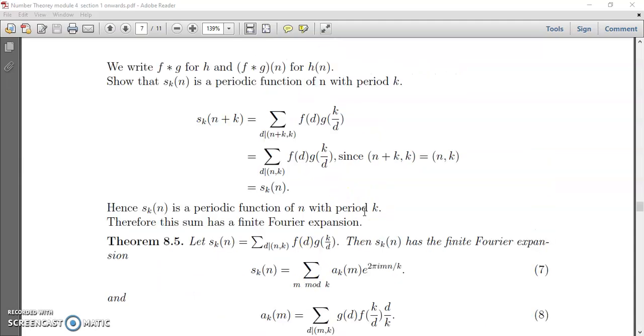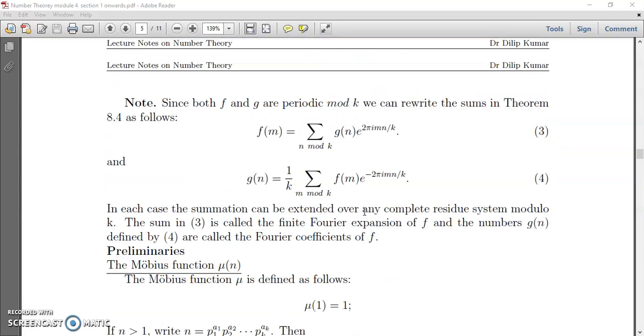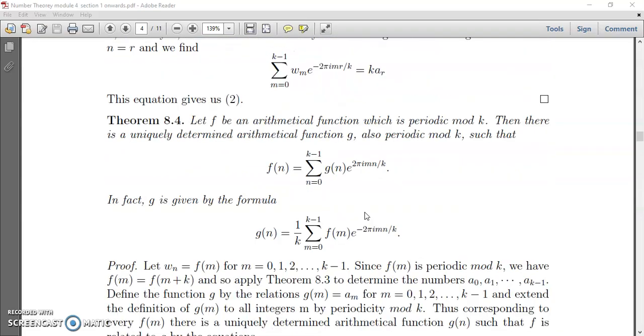Let us go back to theorem 8.4 and see what it is. In 8.4 what we have studied is that f is an arithmetic function which is periodic mod k, then there is a uniquely determined arithmetical function g, also periodic mod k, such that f(n) is equal to the summation m equal to 0 to k minus 1 of g(m) e raised to 2 pi i m n by k.